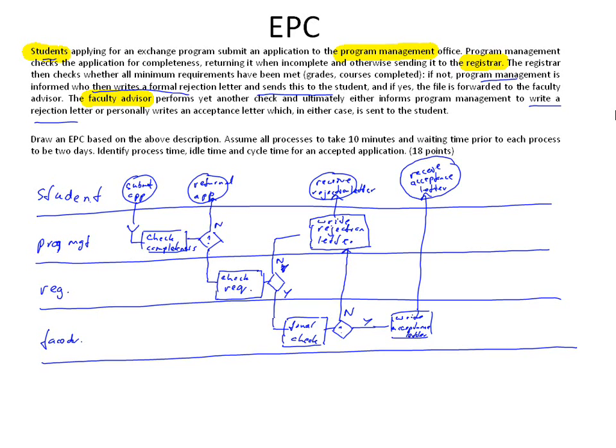Now it is asked to write down the times. The assumption here is 10 minutes for each process, 2 days prior to each process as waiting time. Well, that's easy. All the boxes are 10 minutes.